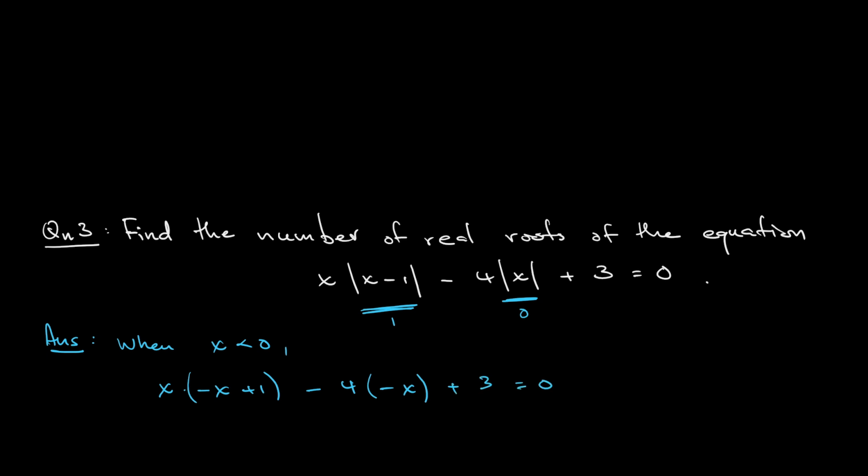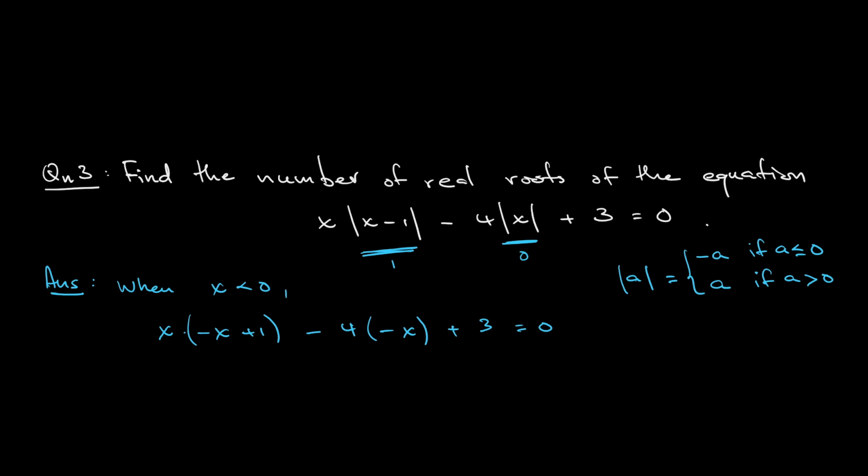Okay, just to clarify, the absolute value of a is equal to negative a if a is smaller than or equal to 0, and is a if a is already positive. Okay, so we use this kind of fact. So here you can expand, right?